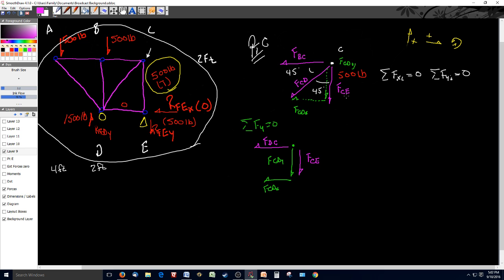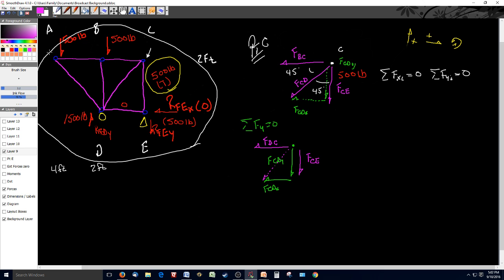So this 500 pounds is in tension, or it's pulling down. Now we can look at this and it's a little bit clearer, and hopefully you can see how I did that. I broke my vector FCD, which runs right here, into the individual components. Now we're not real sure if it's in tension or compression, but right now we assumed tension.